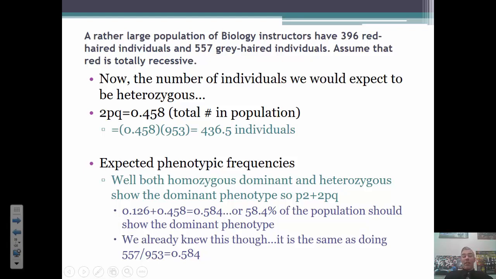But we already knew that, though, because if you take the original 557 gray-haired individuals, those are the ones that show the dominant trait, and you divide by the total number, you actually end up getting 0.584. This is just showing you how it kind of works out.